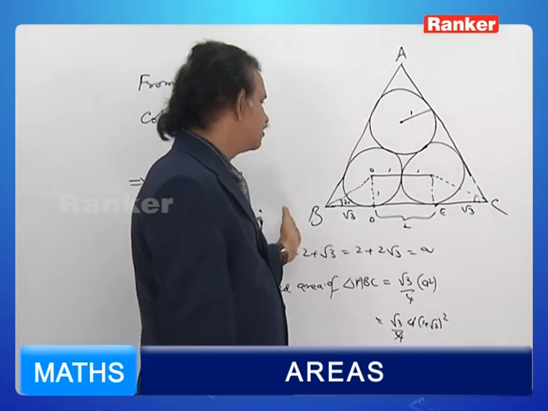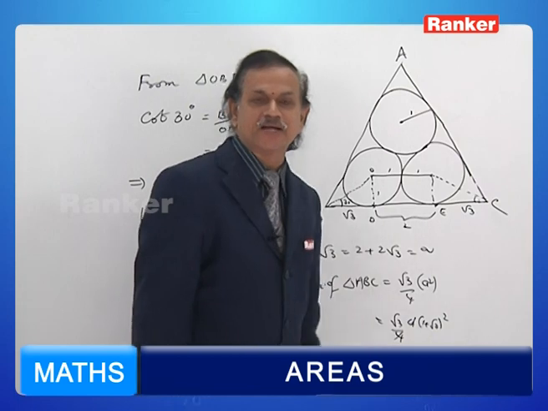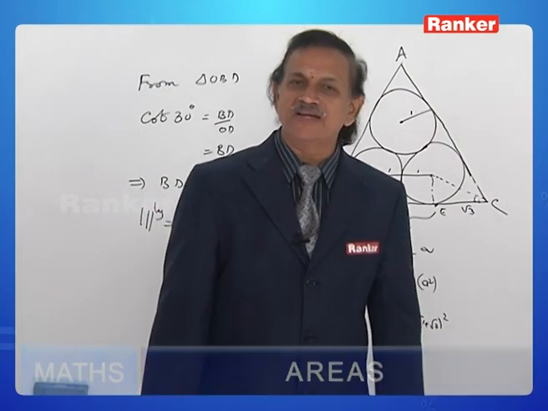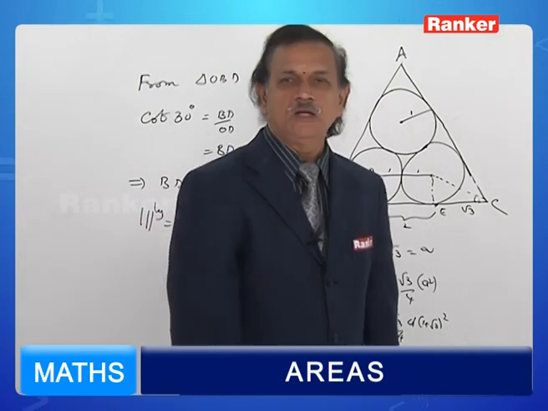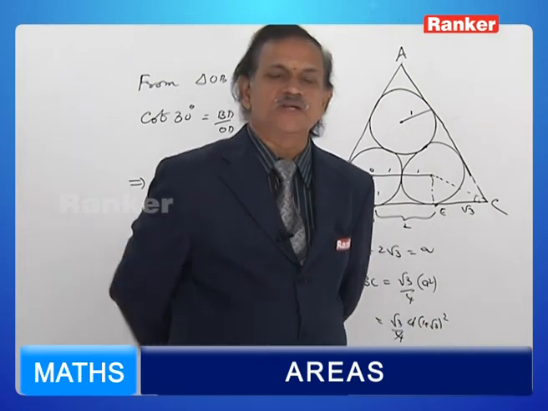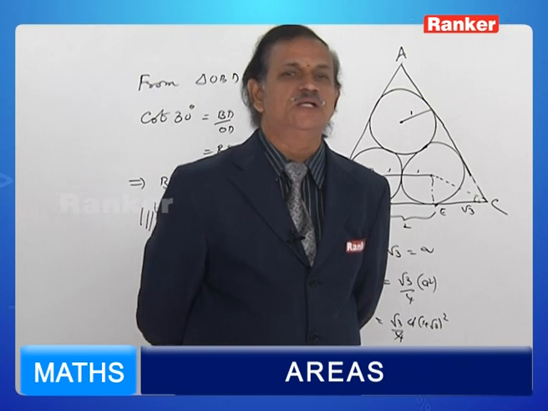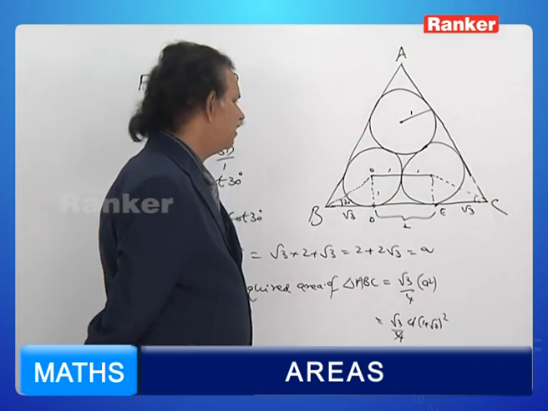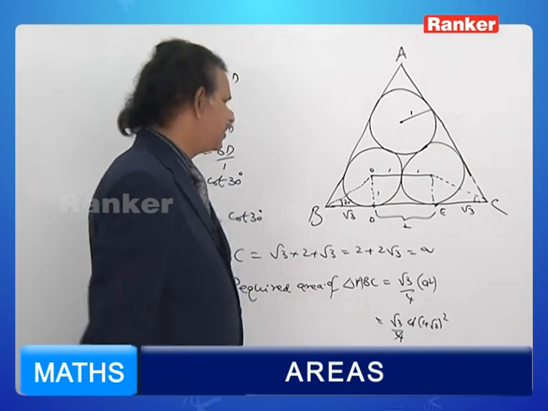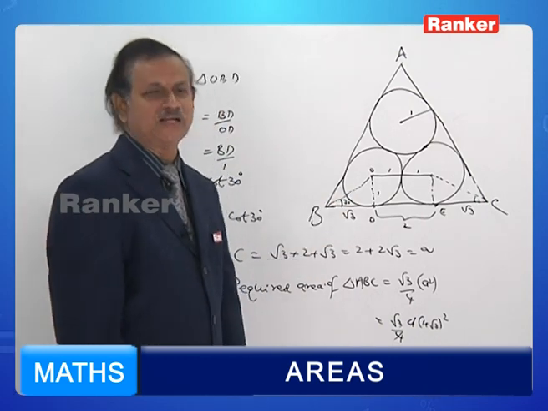This is a common tangent, this is a common tangent, and this is a common tangent. All those common tangents form a triangle, and from data it is given that it is an equilateral triangle. Even if he doesn't give it, we can understand that it is an equilateral triangle.